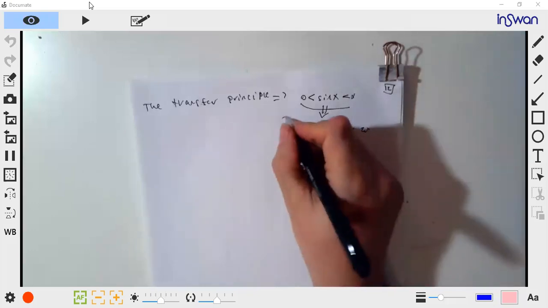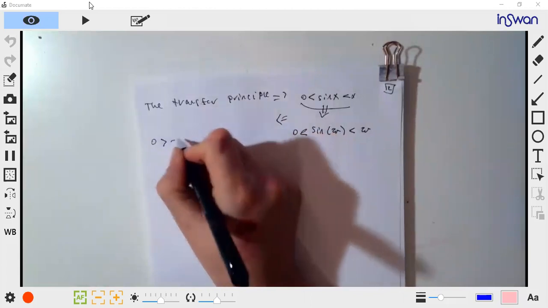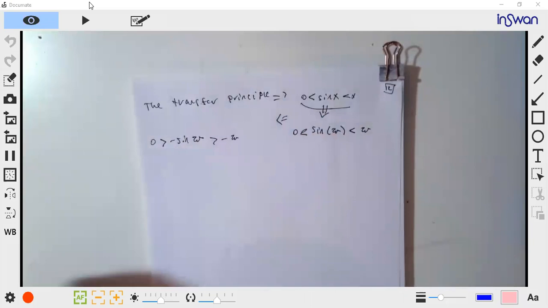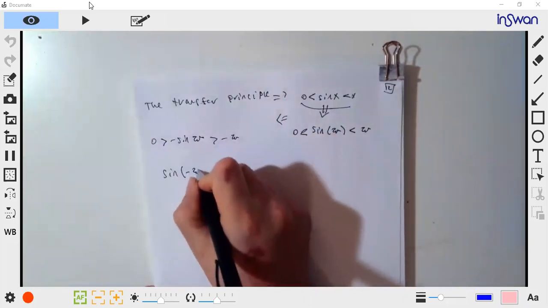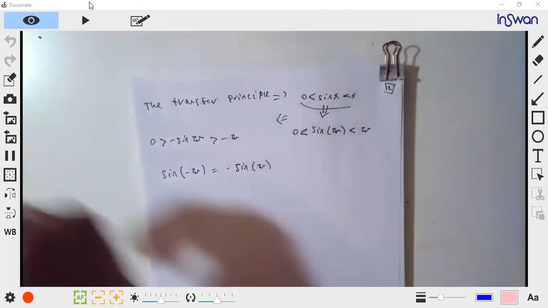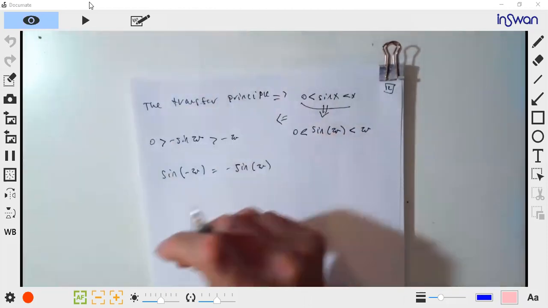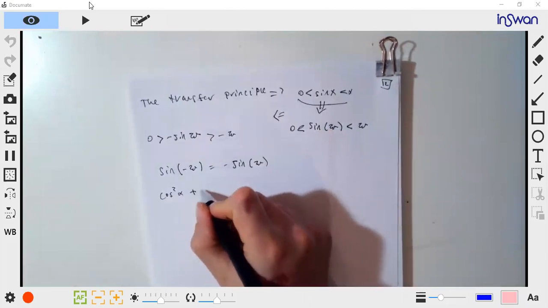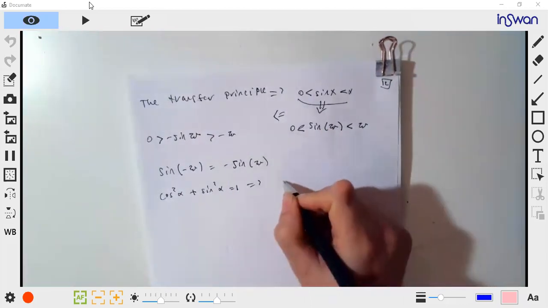And of course, negatives. Don't forget that the sine function is an odd function, which allows us to assert this equation. Also, by the transfer principle, this is true.